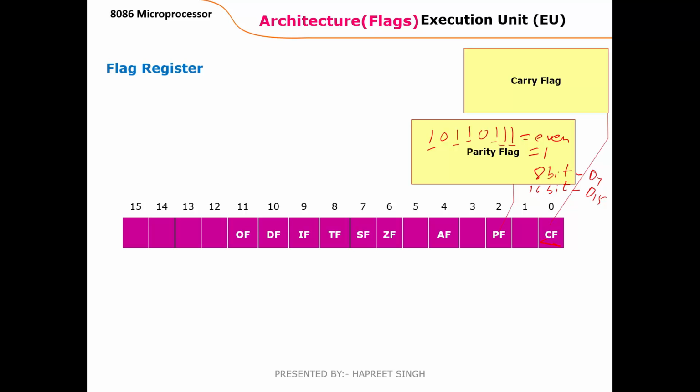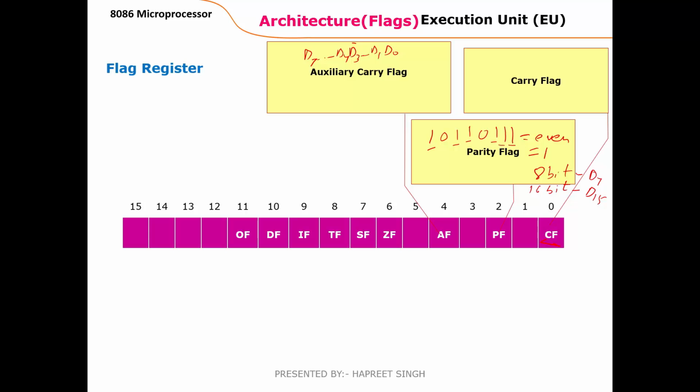Third one is the auxiliary carry flag. It is set if a carry is generated out of the lower nibble. Now what do you mean by nibble? Nibble represents 4 bits. So in case of 8-bit operation, this is D0, D1, D2, D3, D4 up to D7.